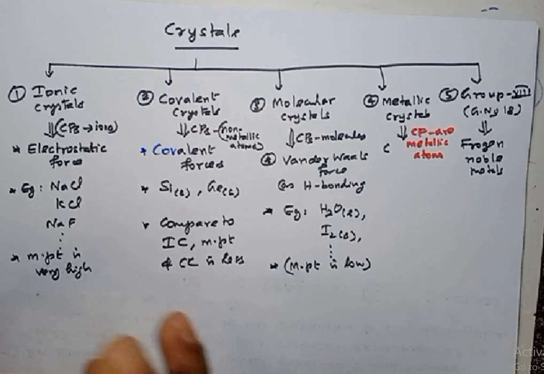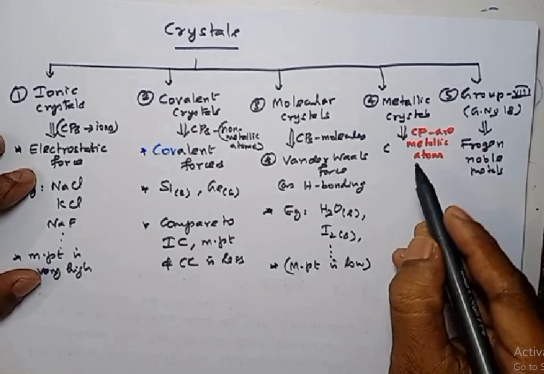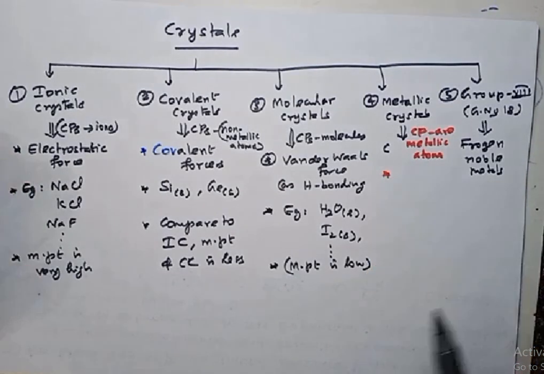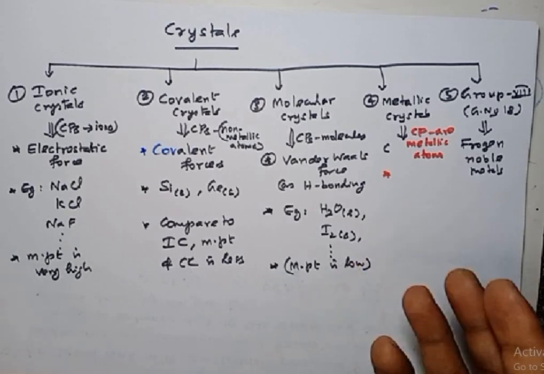Metallic ions form the lattice, and the free electrons move around the crystal, and between the free electrons and the metallic ions which form the crystal lattice there is a strong attraction. So what type of attraction exists here? The attraction is somewhat different.